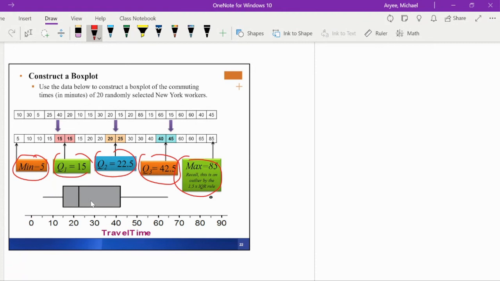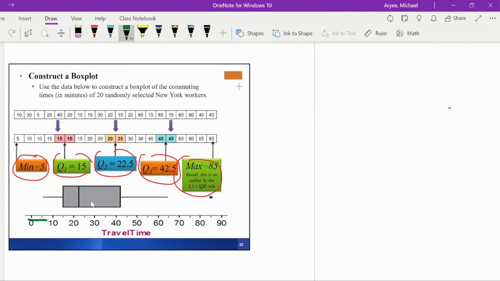So the first thing, draw a number line. We're ranging from 5 to 85. Forgive me here, why don't I just use what I have on the screen to save us some time?